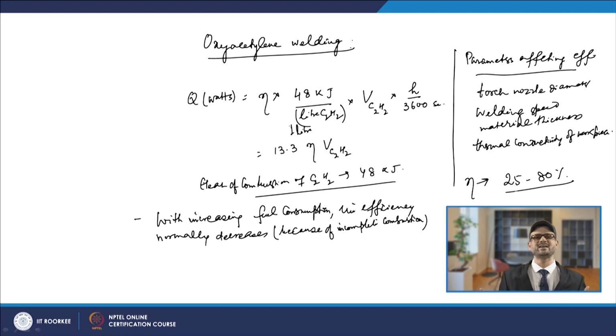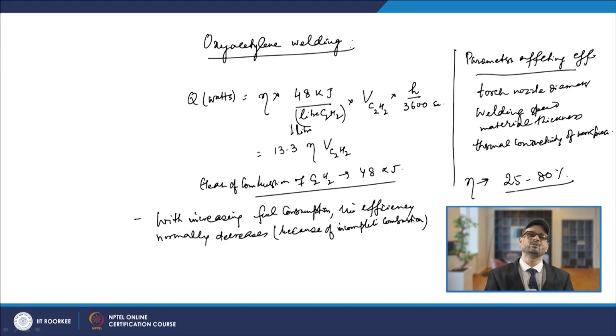So there are extreme values. You may have a very low value when there is wastage of fuel, or when the material properties are such that it is not able to retain the heat and is dissipating it at a very fast rate, so the temperature will not keep increasing.